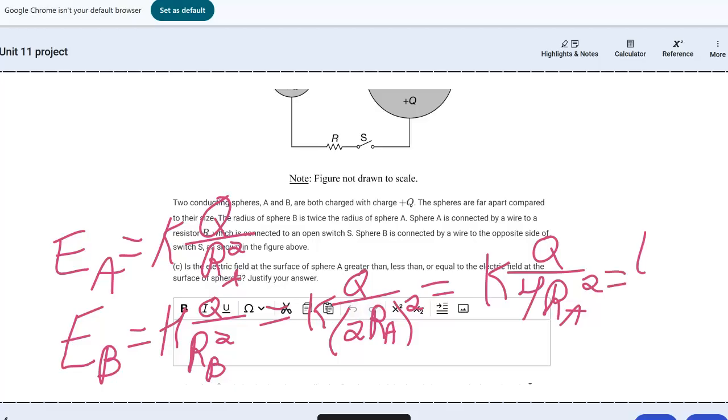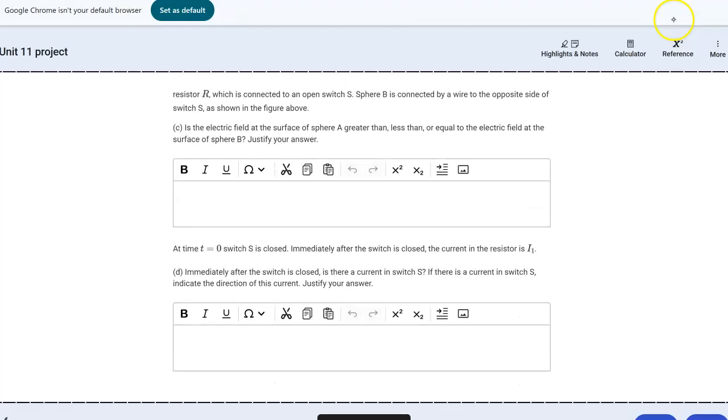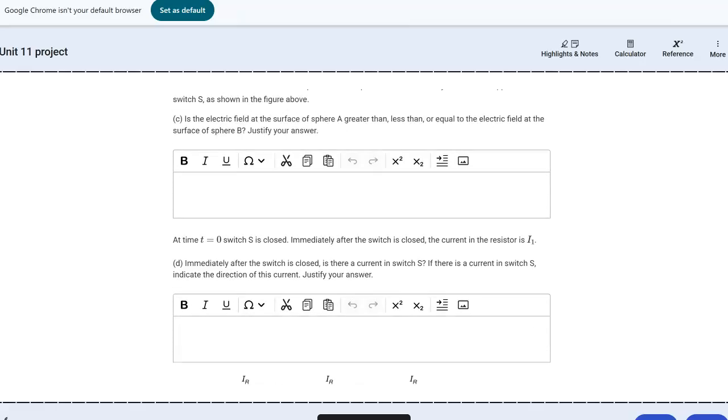So that equals E A over 4. So the electric field at the surface of sphere A is going to be greater than the electric field at the surface of sphere B, because B is 4 times smaller, and because a smaller radius will make a stronger field at the surface.